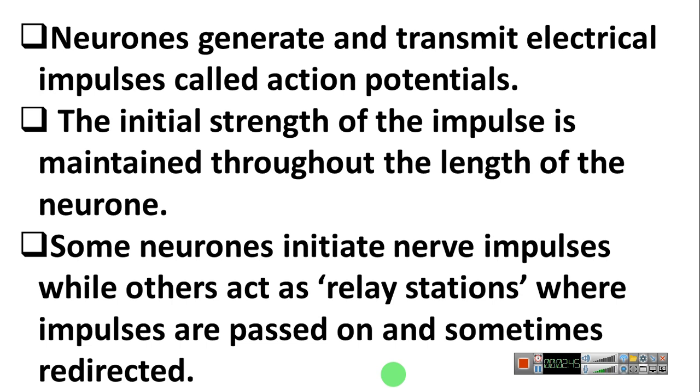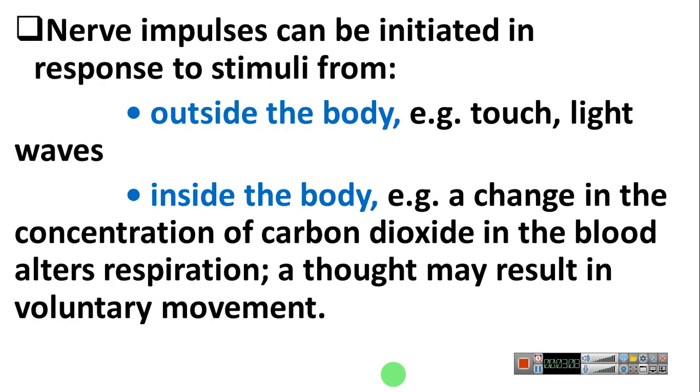Some neurons initiate nerve impulses while others act as relay stations, where impulses are passed on and sometimes redirected.